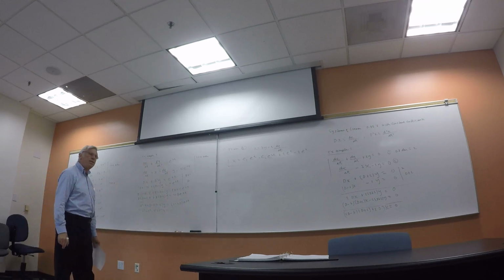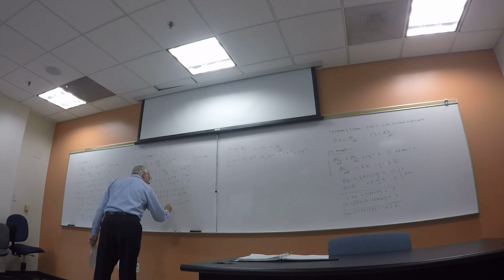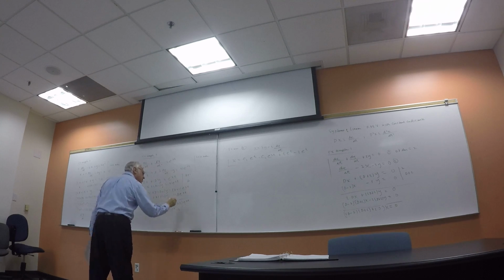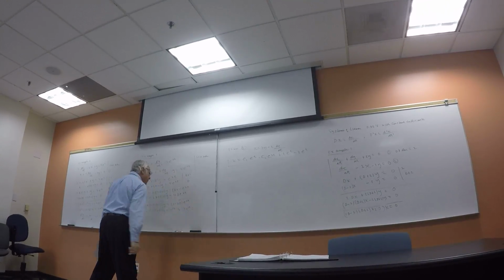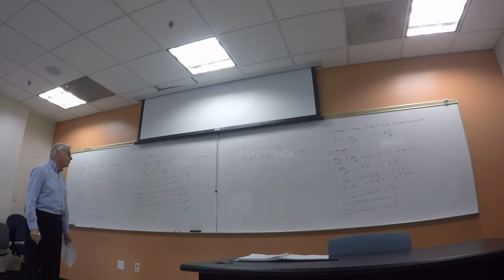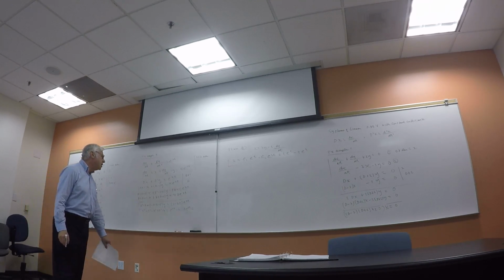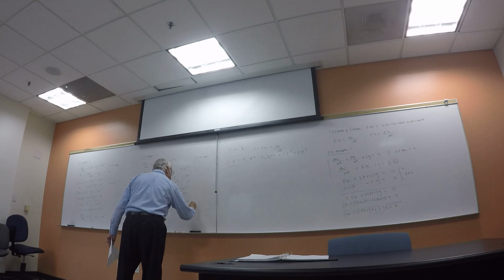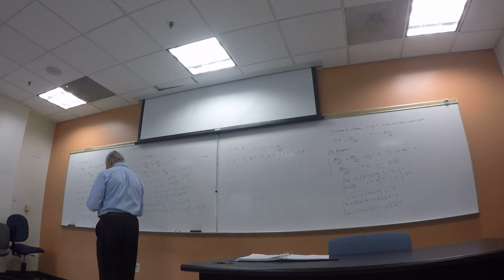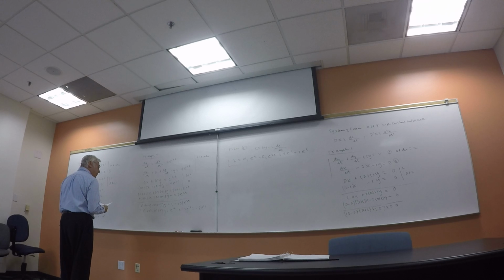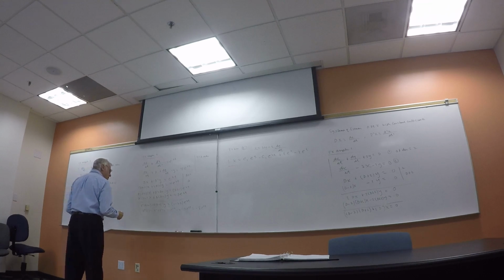What's 1 minus 3d operating on e to 3t? It's basically 1 times e to 3t, which is e to 3t, minus 3 times the derivative of e to 3t, which is 3 e to 3t, which is e to 3t times 1 minus 9, which is minus 8 e to 3t.